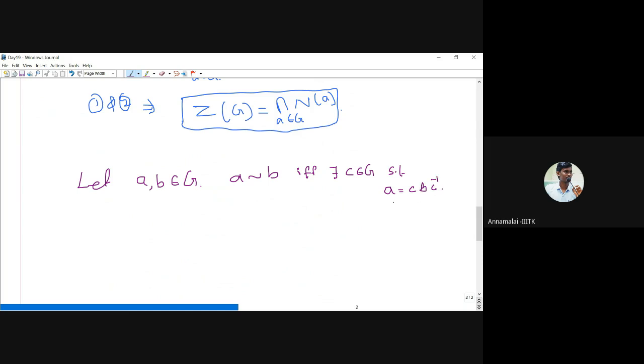Then we say A and B are equivalent. Now this relation forms an equivalence relation.